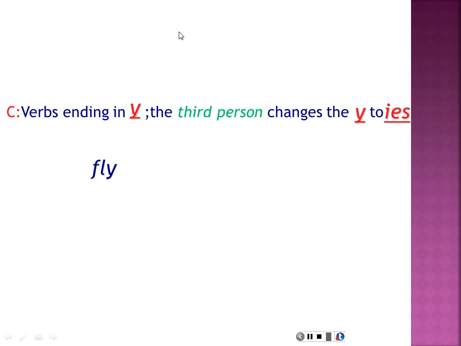Fly, we have a fly here. When we have a singular third person, for example he or it or she, we change the Y into IES. So fly becomes flies. He flies, she flies, and it flies.